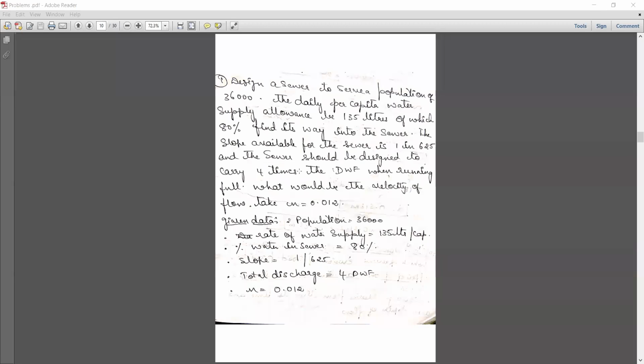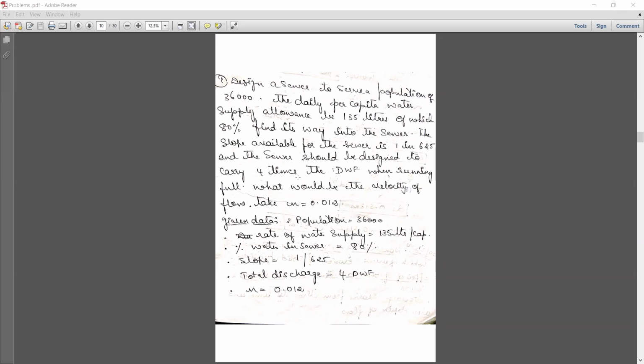And the sewer should be designed to carry 4 times the dry weather flow, DWF, that is dry weather flow. That means the total discharge from the sewer will be 4 multiplied by the dry weather flow.